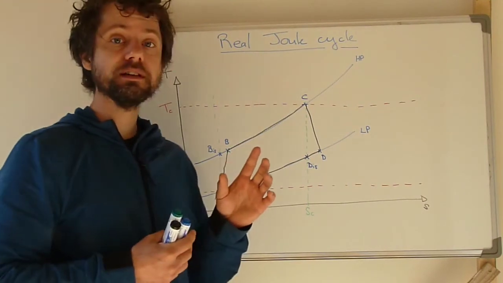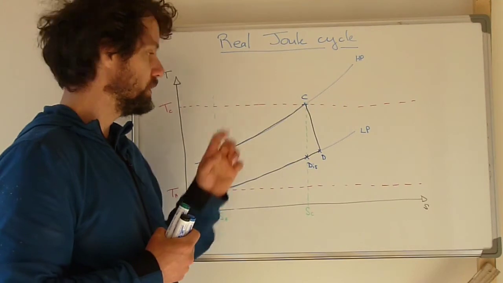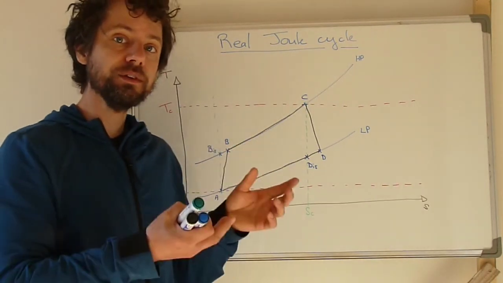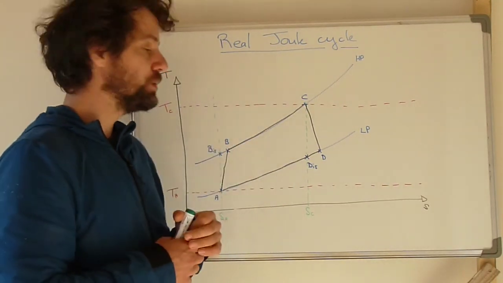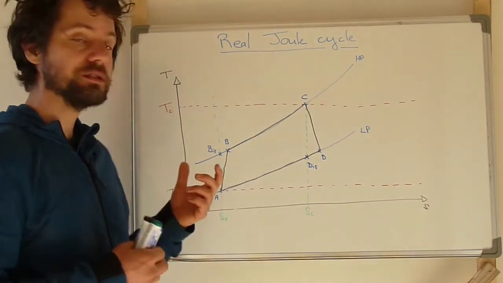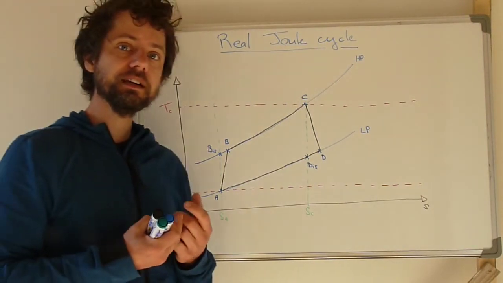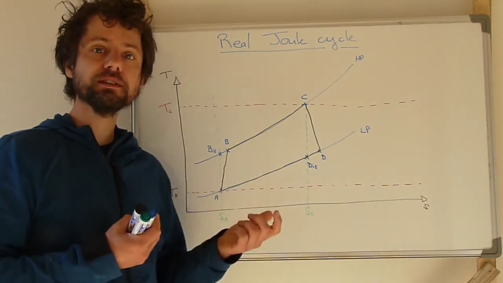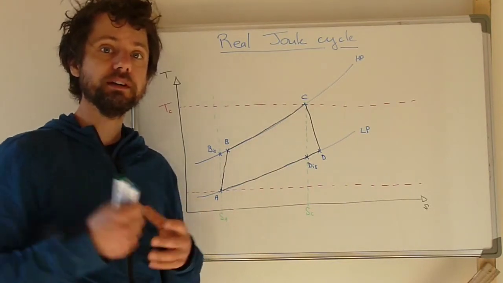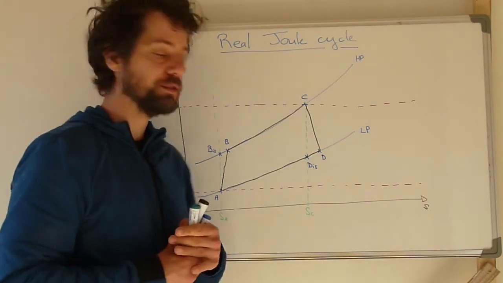The technical work that is involved is directly equal to the difference of specific enthalpy across this transformation. And as we have seen before, in an ideal gas, this difference of enthalpy is proportional to the difference of temperature. And here we can already observe a few things.